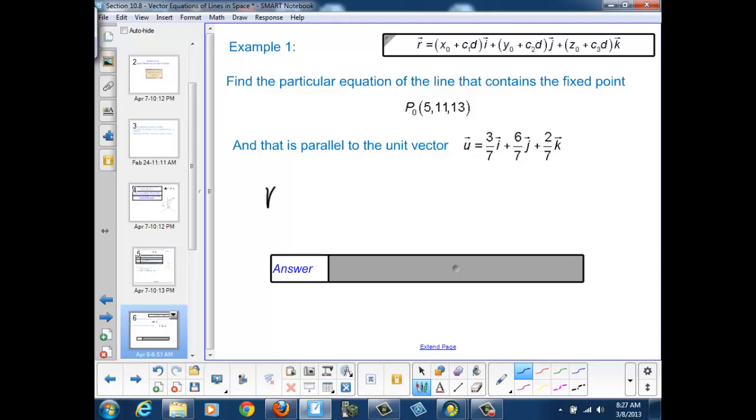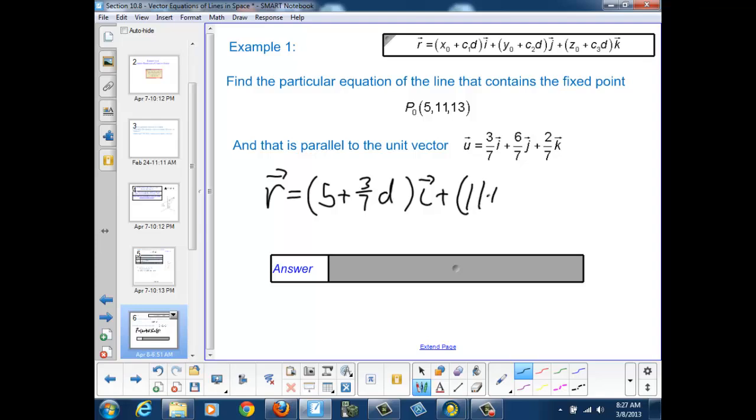Our line in space needs to be the fixed coordinate for x plus our c1, or i component of the unit vector, 3/7 d instead of x, in the i direction. Can you figure out what the j component's going to look like?